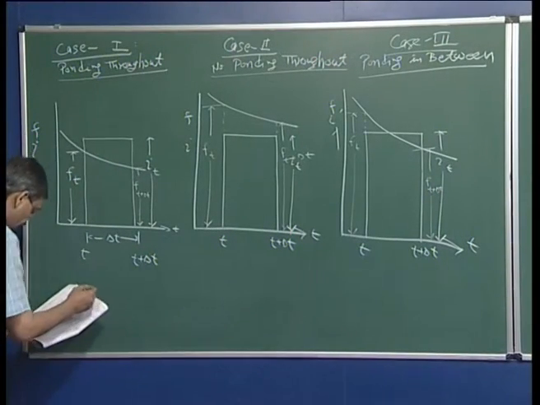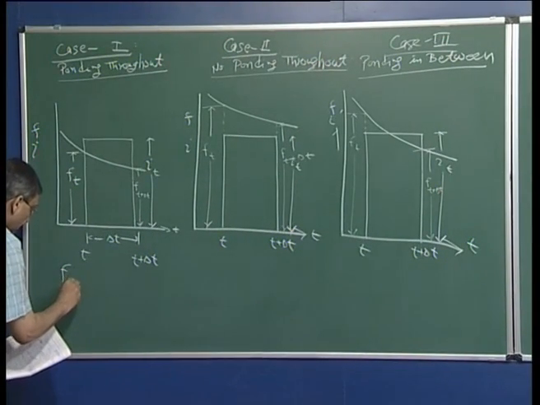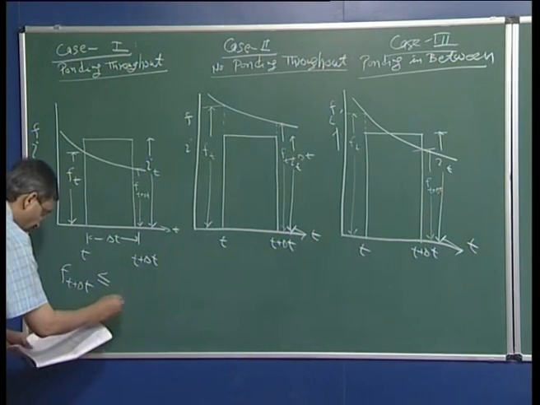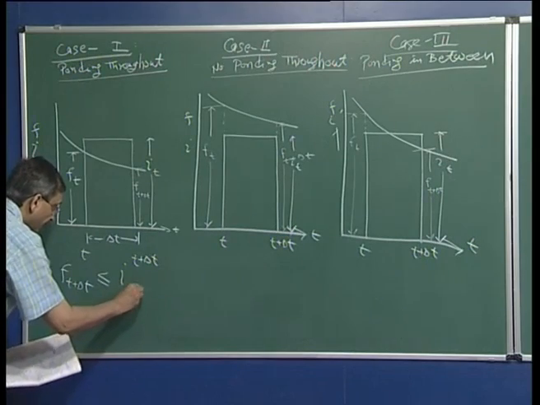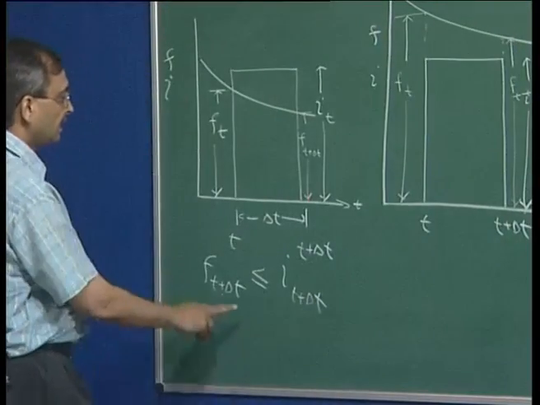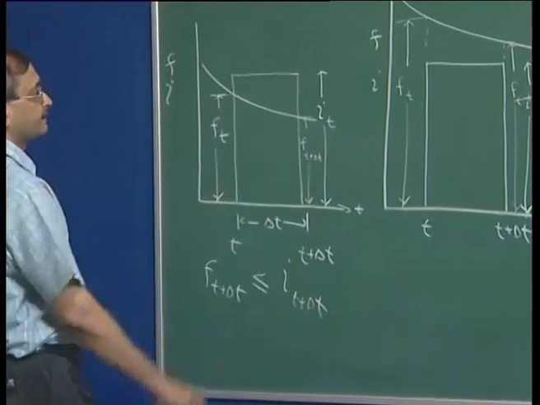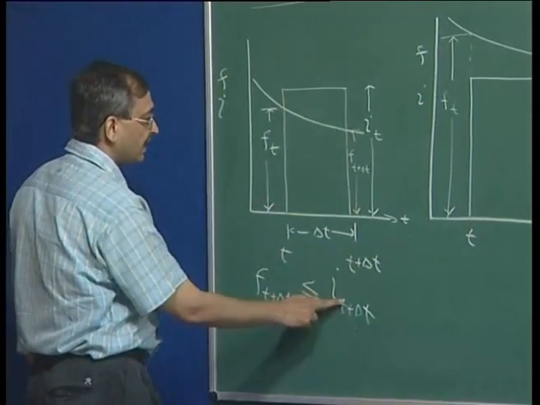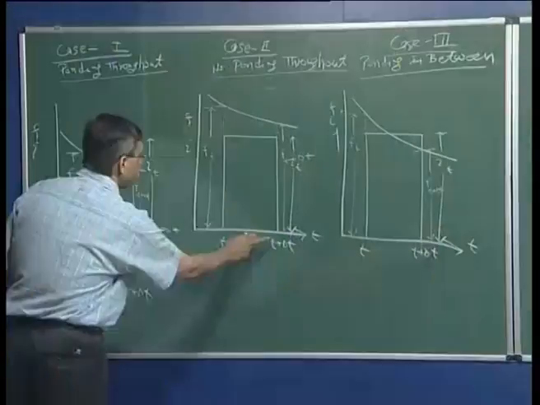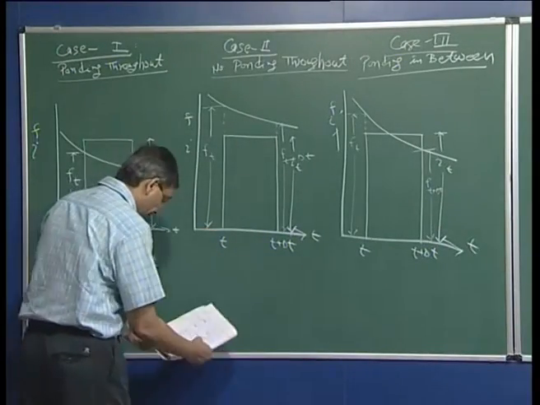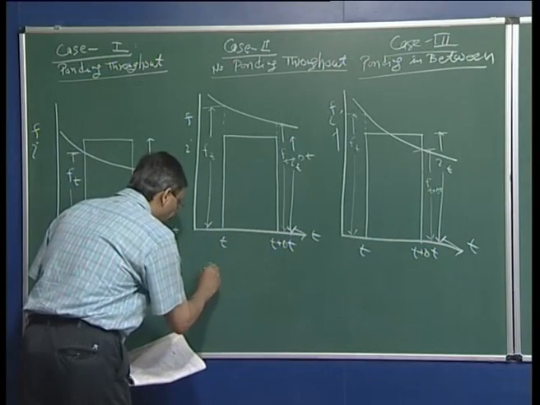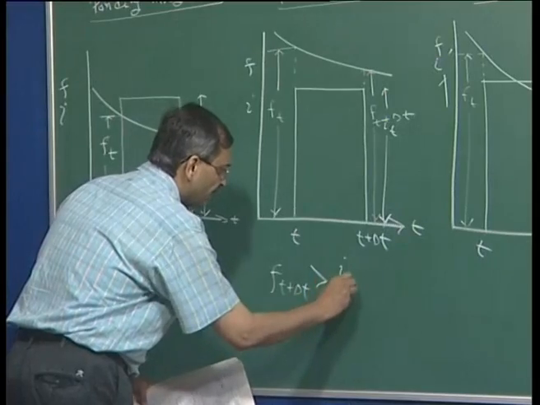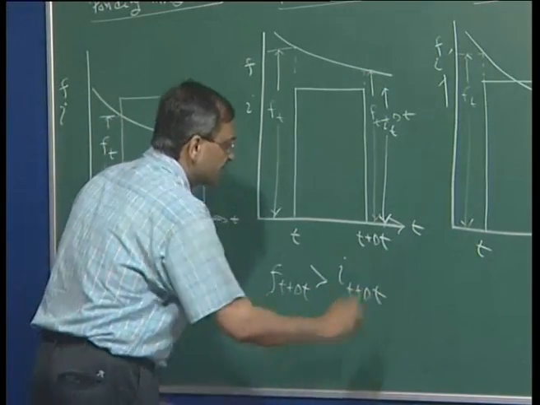I am going to write that f at t plus delta t is less than or equal to I at t plus delta t. That is the condition for case 1. At the beginning we have this, at the end also we have this condition where I is greater than this. If you come here, what is happening at the end? At the end it is the other condition where f is greater than I at t plus delta t.